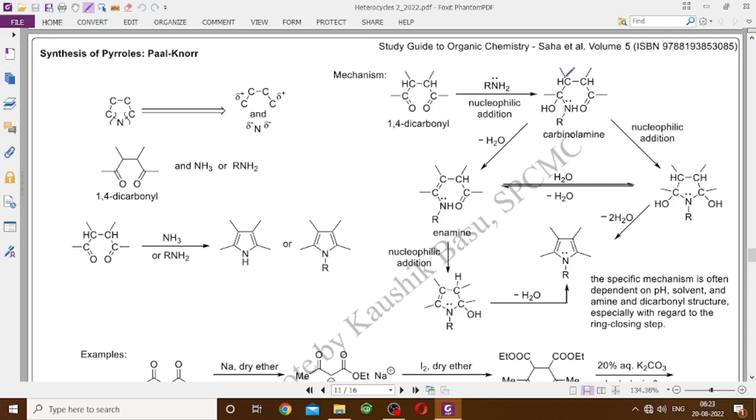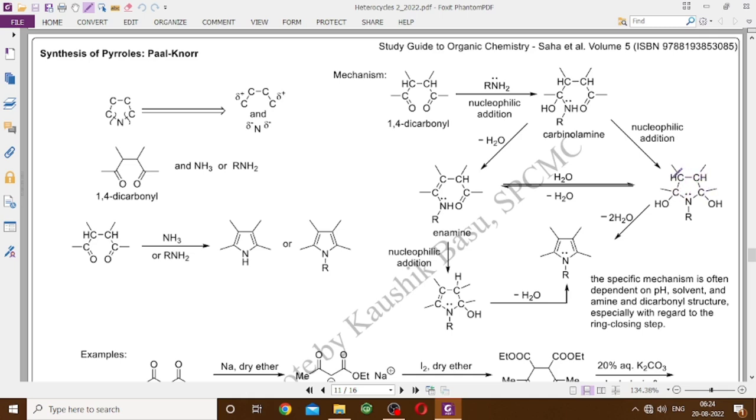This might choose to eliminate a water molecule from here, so I get an amine type derivative, or a second nucleophilic addition may ensue where I will get another intermediate where this nitrogen has done its due diligence and it has attacked 2 times, performed its nucleophilic addition 2 times, and I have already constructed the 5-membered ring.